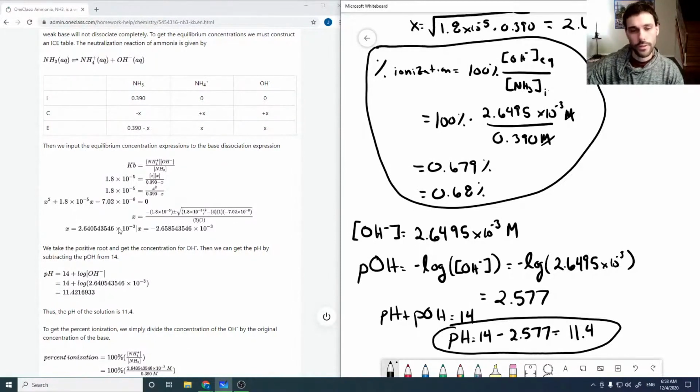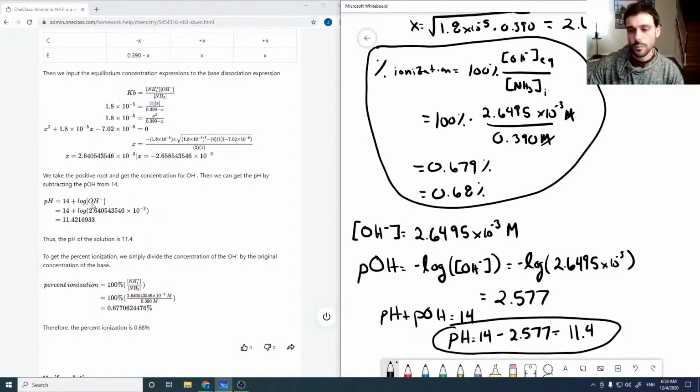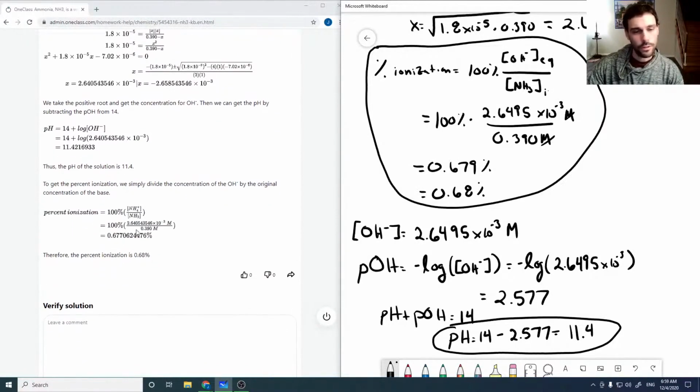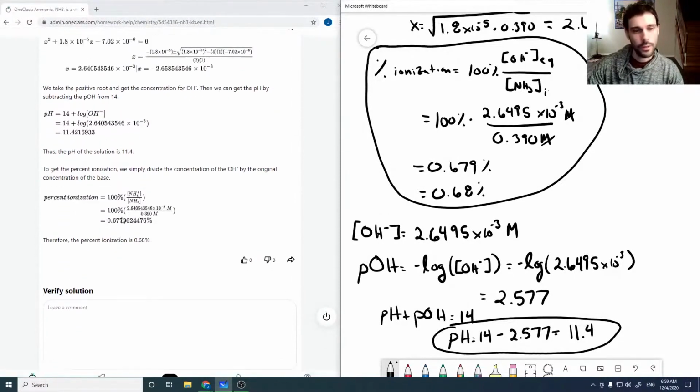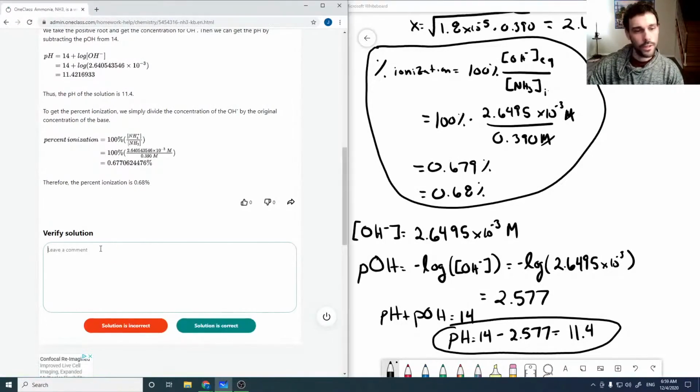So we're off in the second decimal place. If we now calculate our pH, though, it comes out to be the same. And our percent ionization also comes out to be roughly the same. Again, off in the third decimal place. But all in all, this solution is correct. In fact, the solution is probably a little more correct than what I did, but that's okay.